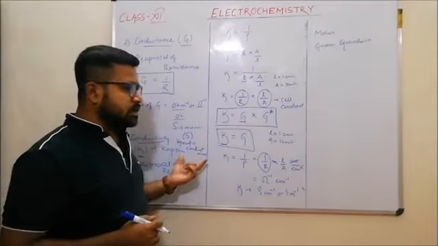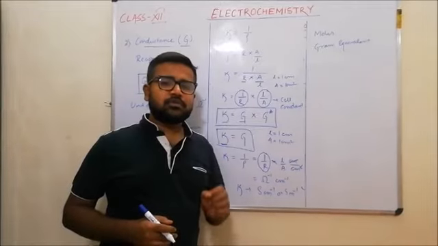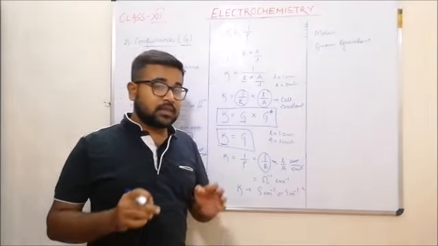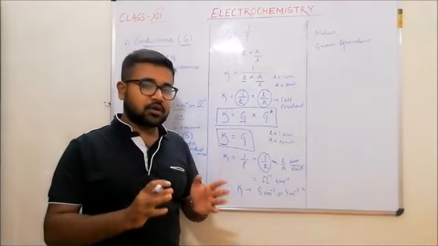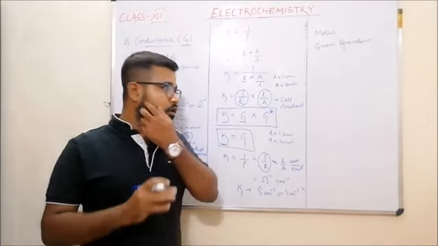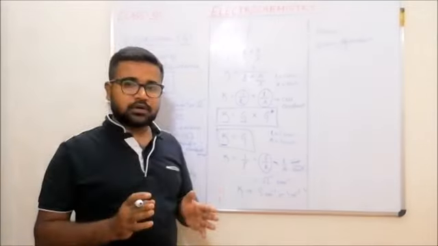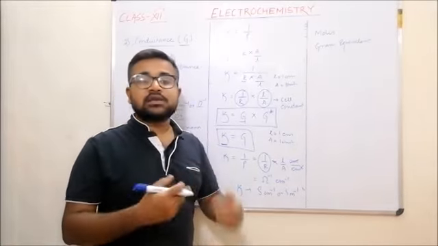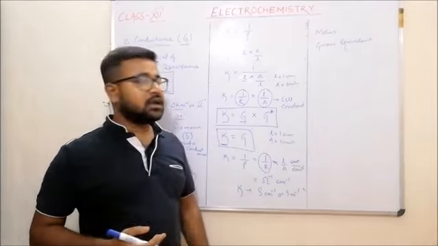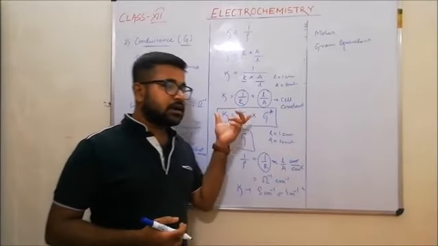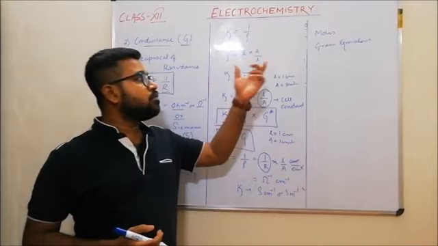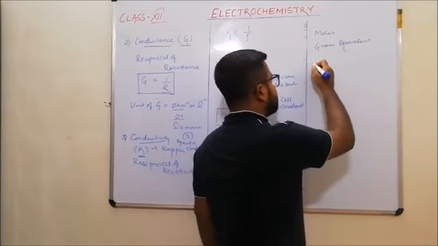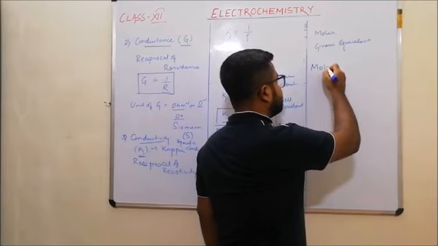So the concentration of the solution can be measured in terms of moles and gram equivalent. So this conductance or conductivity can also be measured in terms of moles or gram equivalent. That means the number of moles of ions or gram equivalent amount of those ions will conduct how much electricity. So here one term will come, that is the molar conductivity.